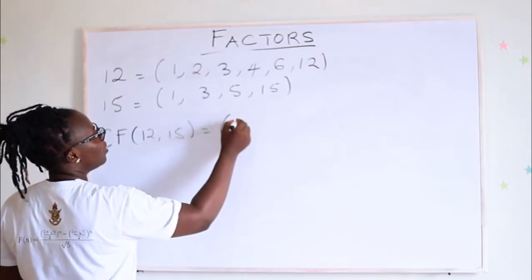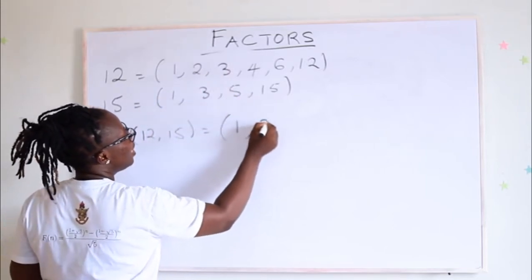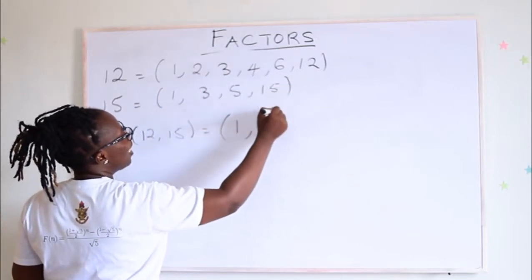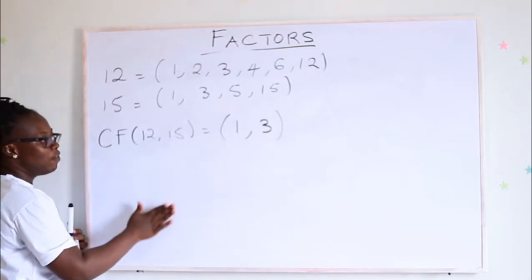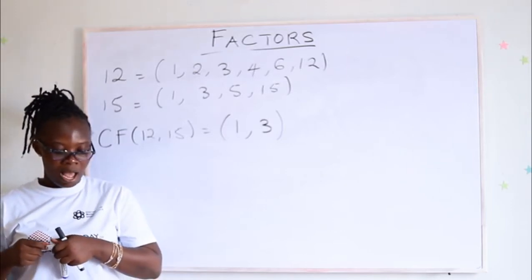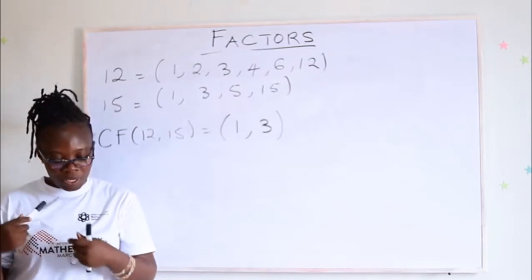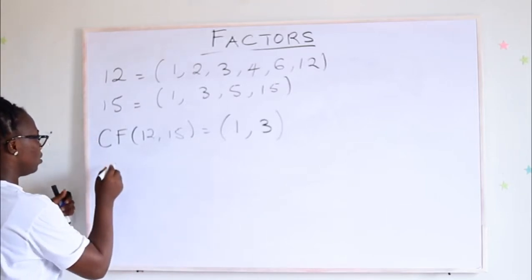So we have 1, then is 2 common? No, but 3 is common if you check the others. So you realize that the common factors of 12 and 15 are 1 and 3.